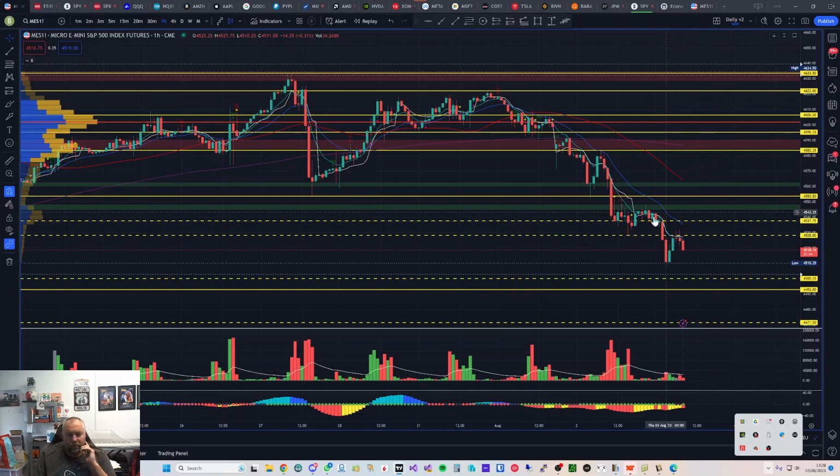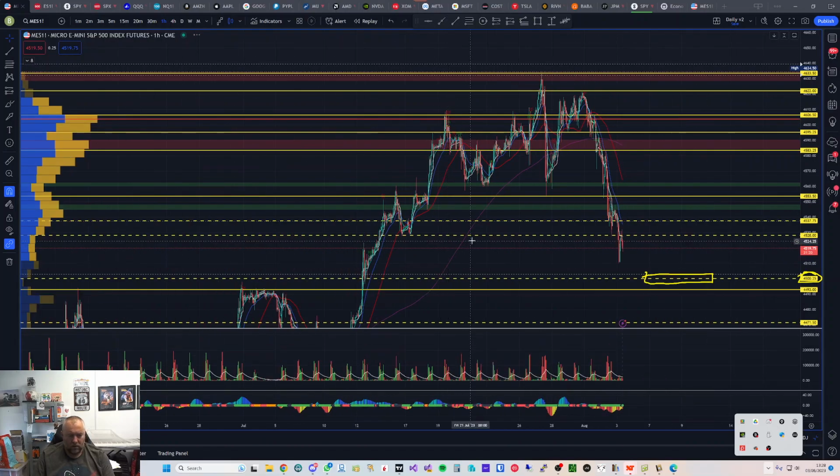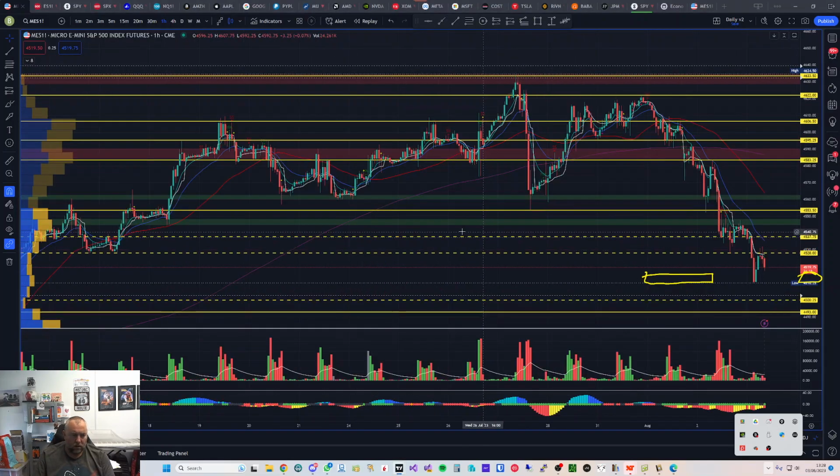So we've got a good bounce area, 4500, and I think this area, let's go into my pencil, so this area here will be a good bounce area, but we have got a major area. 4500 also is a psychological number as well, but we've also got, if I scroll out a bit, here we go.